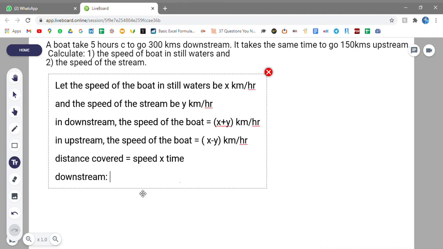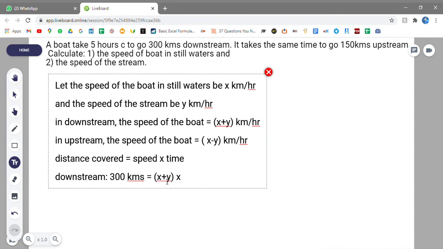What is the distance covered? 300 kilometers is equal to speed. What will be the speed downstream? The speed of the boat is x plus y kilometer per hour, multiplied with the time.